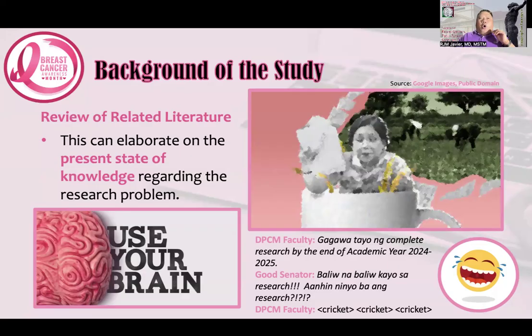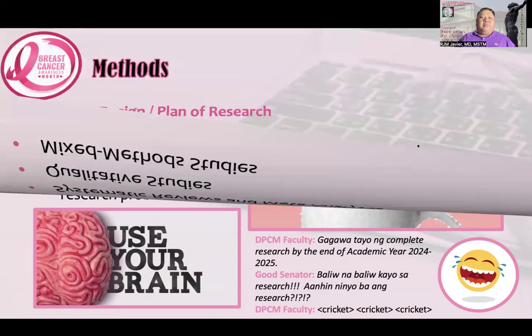Research often opens doors, and they often provide clear explanations as to why it is imperative that as lifelong learners, we also have to look into various studies, synthesize them, put them in one research paper for us to better improve the practice of the medical profession.